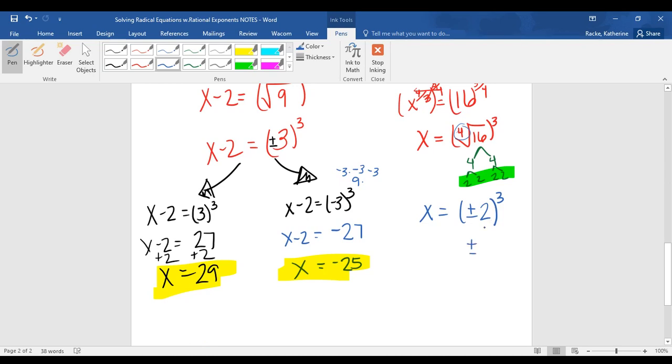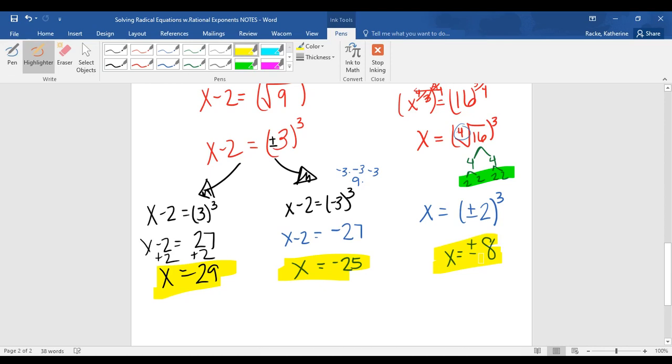Okay, 2 cubed is going to give me 8 both times, and I'll just leave it as a plus or minus answer. Okay, because if I cubed positive 2 3 times, it would give me a positive 8. If I cubed negative 2, that would give me a negative 8. So x equals plus or minus 8.